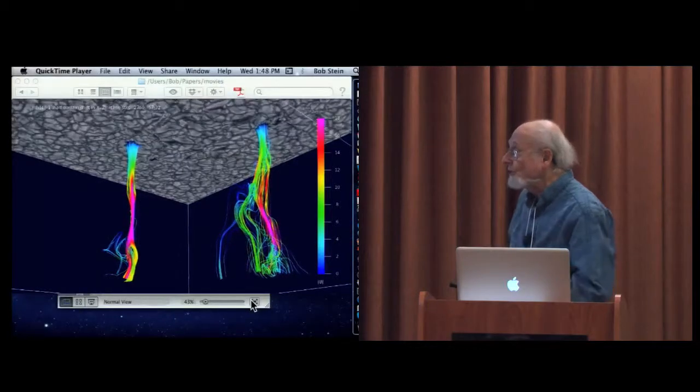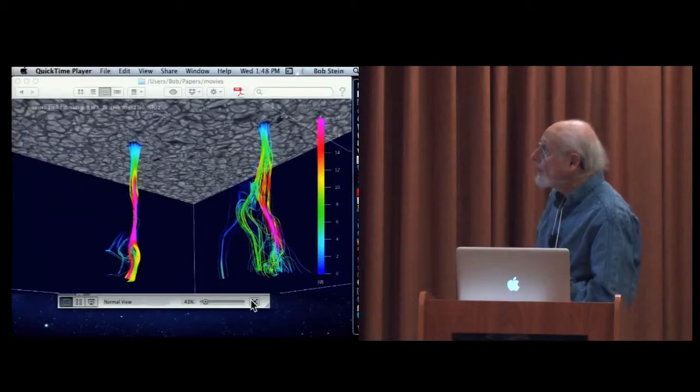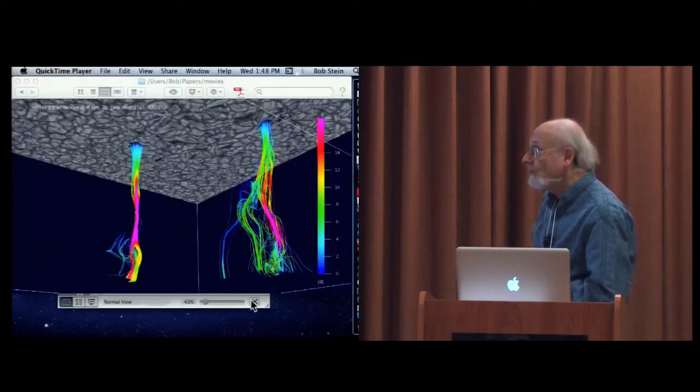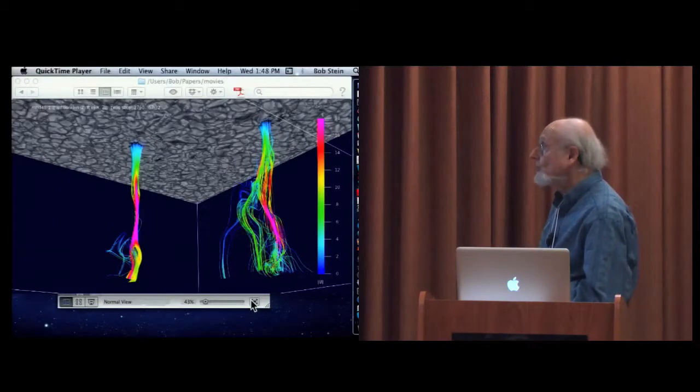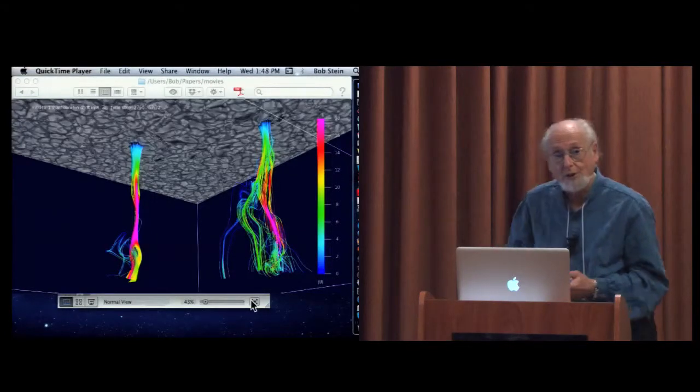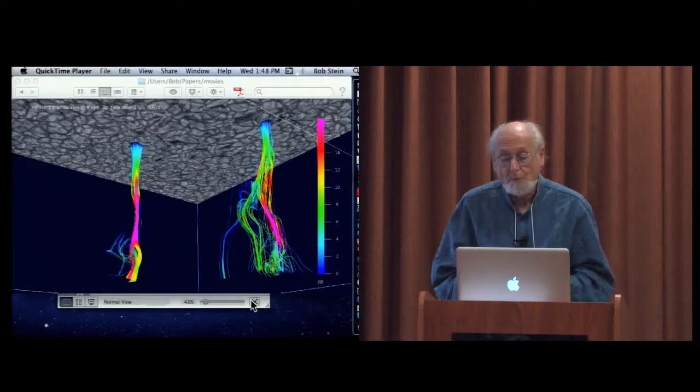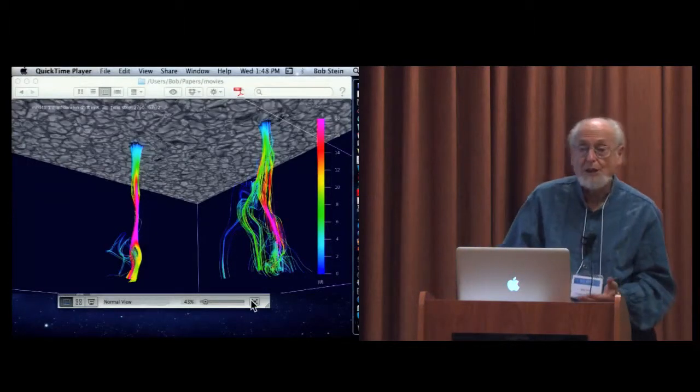The other interesting thing to notice is that one leg here is pretty coherent all the way down to the bottom of the box. The other one, you see, separates into several individual strands which rotate around one another. And those are actually the two basic models that have been made for sunspots.